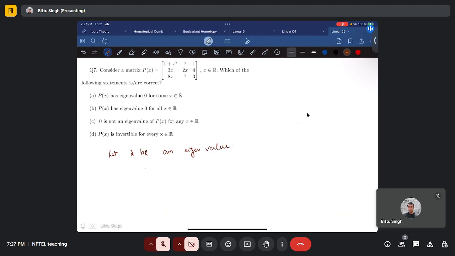If lambda is an eigenvalue, we can write determinant of P minus lambda I equal to 0. But this means 1 plus x square minus lambda, 7, 1, 3x, 2x minus lambda, just subtract lambda from the diagonal, 4, and the rest of the entries are fixed. This is 0, right?